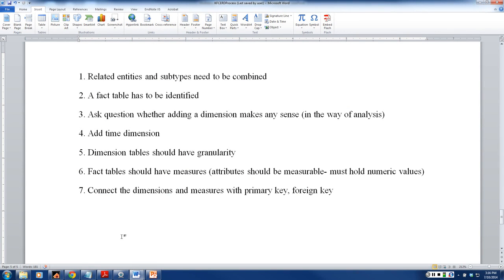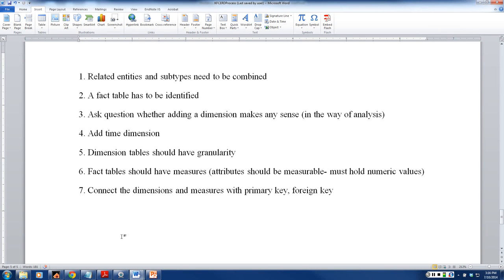Different data models have different ways of creating this, so this is not the only way to create a star schema. But over several years, after looking at a lot of star schemas, a lot of databases, and a lot of ER models, I came up with these 7 simple rules to follow in order to do our analysis.